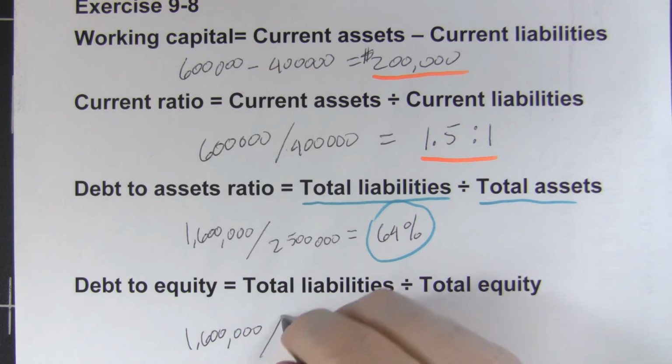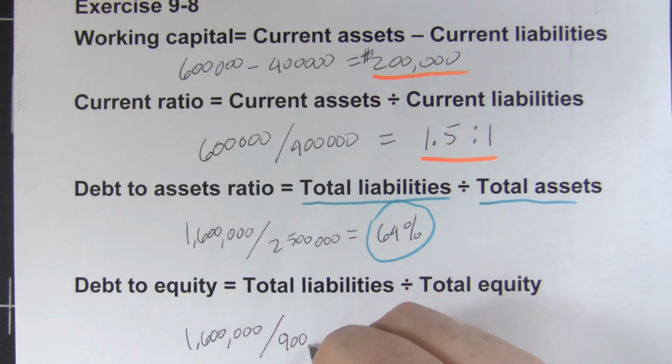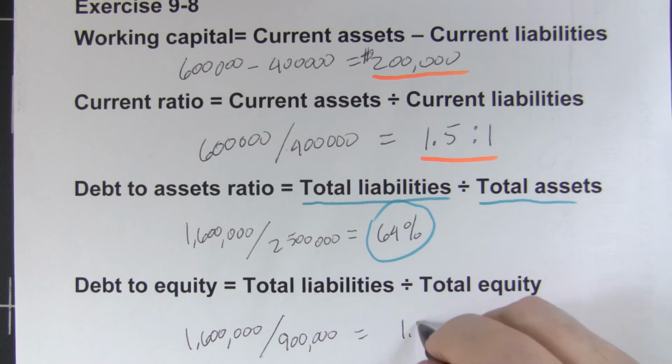We have 900,000 in total shareholder equity. When we divide that, we come up with a ratio, 1.8 to 1.